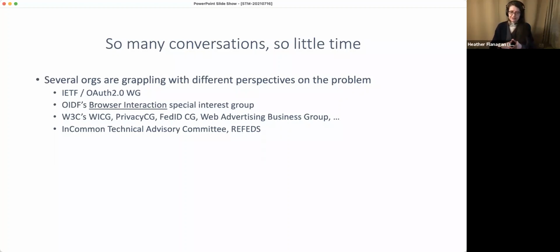There's the Web Incubator Community Group, the WICG. There's the Privacy Community Group. There's the brand shiny new, and I'll touch on this one in a little bit, the Federated Identity Community Group. But then there's the Web Advertising Business Group, and you can imagine that the web advertisers might have a slightly different perspective on this than, say, the Federated Identity Community people.